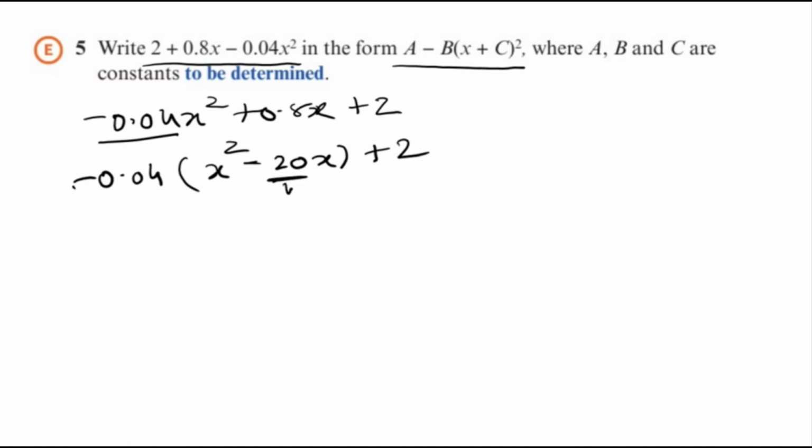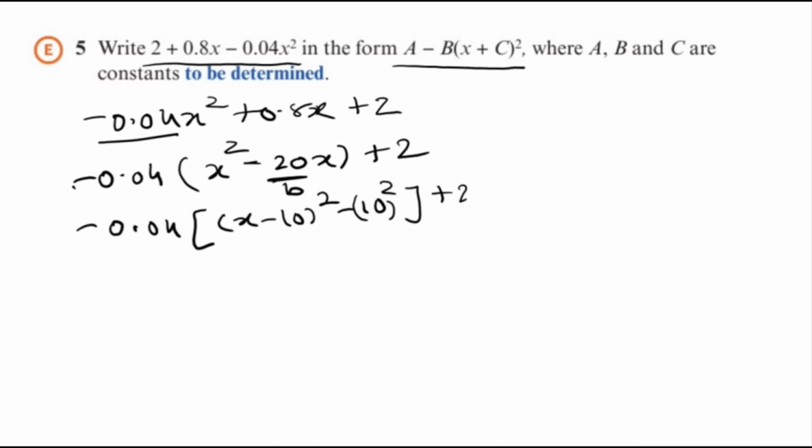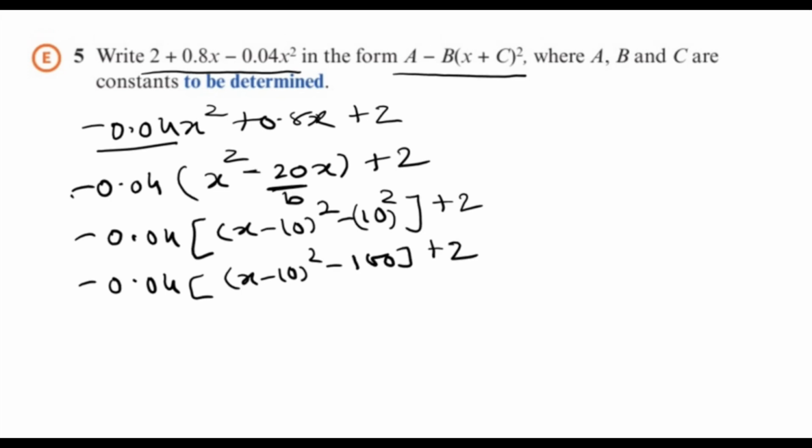Now this is my b. 20 divided by 2, which is 10. So minus 0.04 into x minus 10 squared minus 10 squared, plus 2. Minus 0.04 into x minus 10 squared minus 100, plus 2. Open the bracket by multiplying minus 0.04 with the bracket. So it gives minus 0.04 into x minus 10 squared.